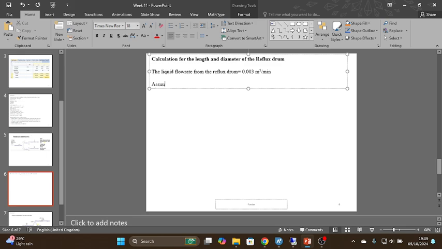We have to take an assumption that the liquid hold up time is 10 minutes. This is an assumption that we have taken for our dynamics.